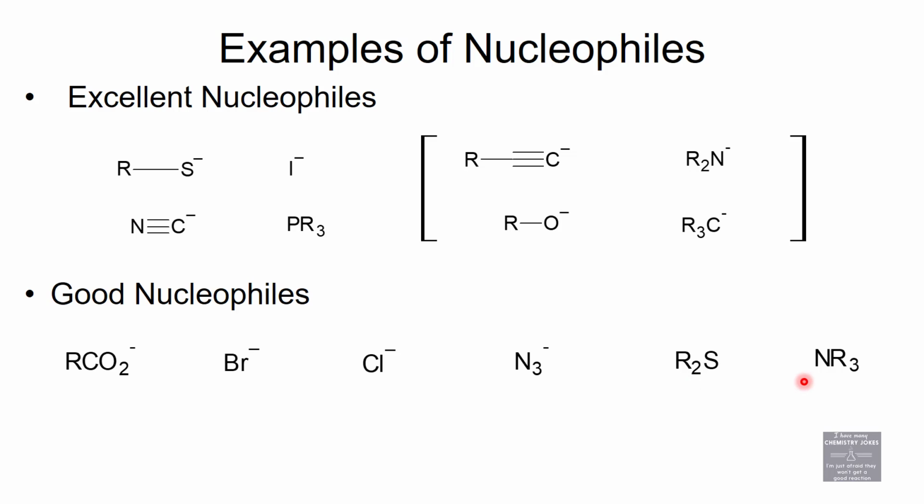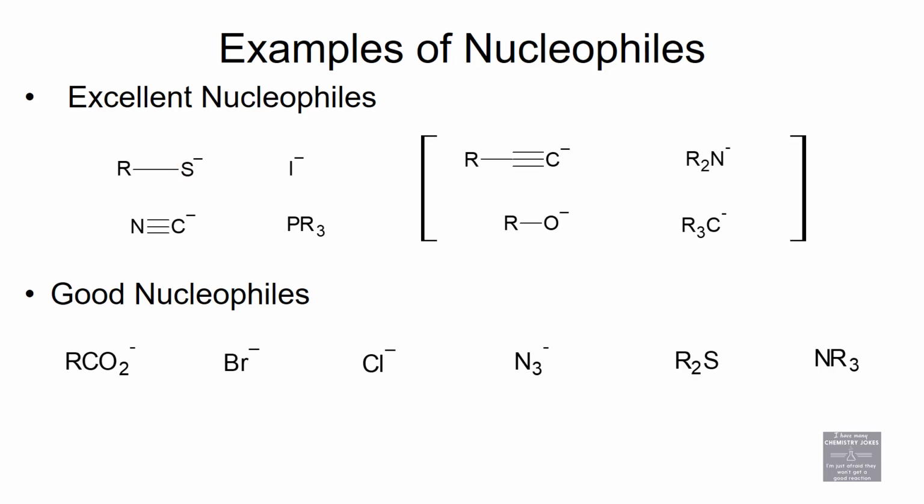Everything else that's outside the brackets under excellent and good, those are not strong bases. Those are nucleophiles. They can be considered bases because all nucleophiles can be considered bases, but they're considered strong bases in the brackets.